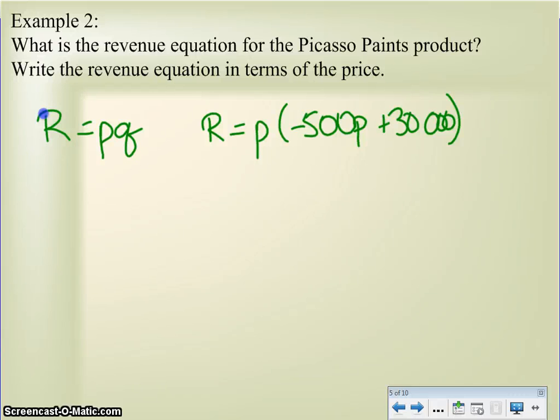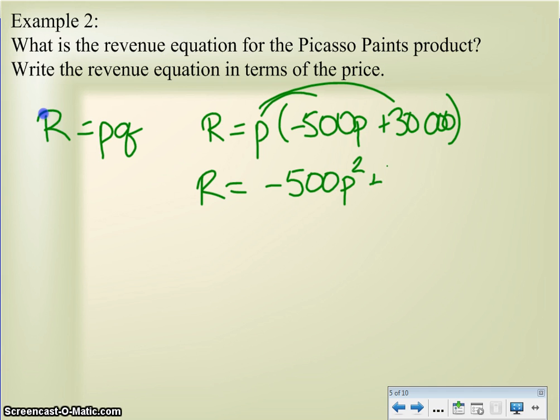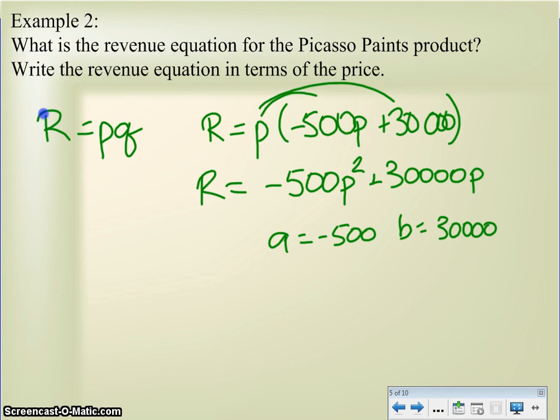And then we're going to multiply through or distribute through. So our revenue equation is negative 500P squared, because you've got P times P, plus 30,000 times P. And that's our revenue function. It's a quadratic equation in the form of AX squared plus BX plus C. So in this case, A equals negative 500, B equals the 30,000, and C in this case is 0 because there is no constant number.